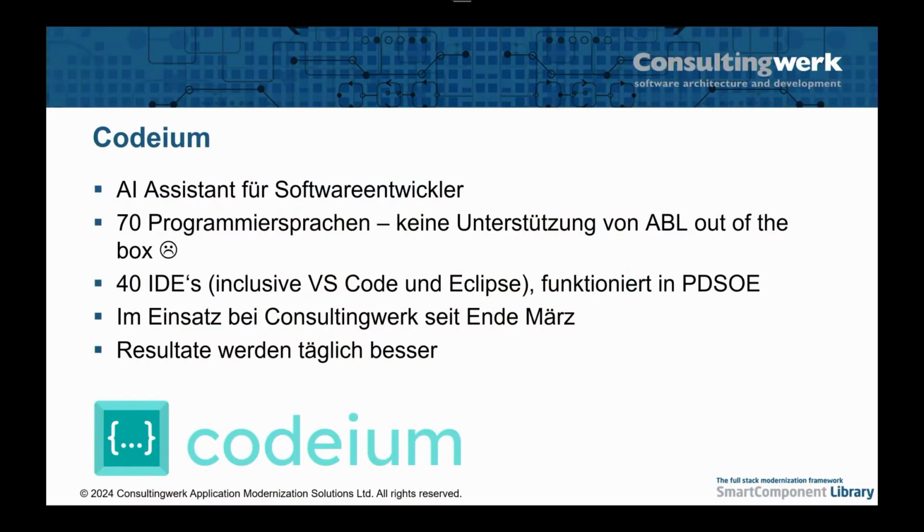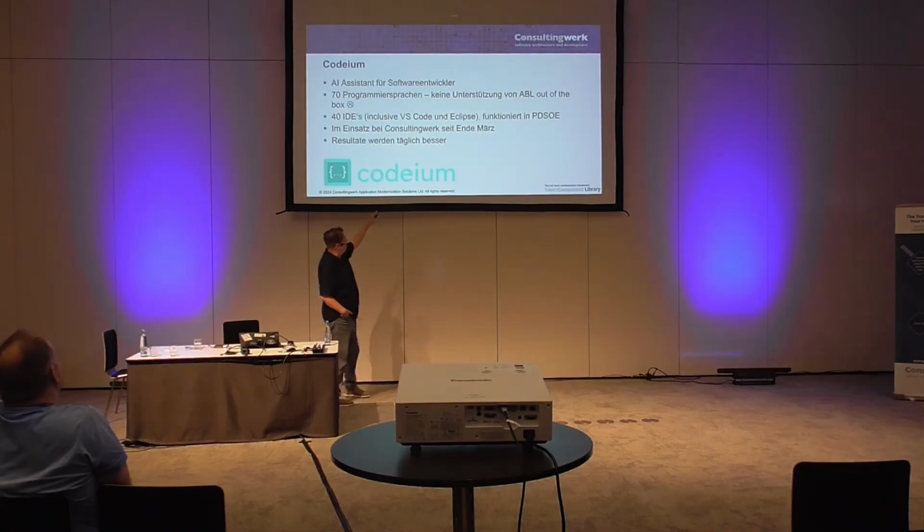We have started using Codium as our AI assistant. If you want to use this one, you need to pay attention because there's another Codium without the E. This is Codium.com, and there's a Codium without the E, .ai. It's just another assistant.